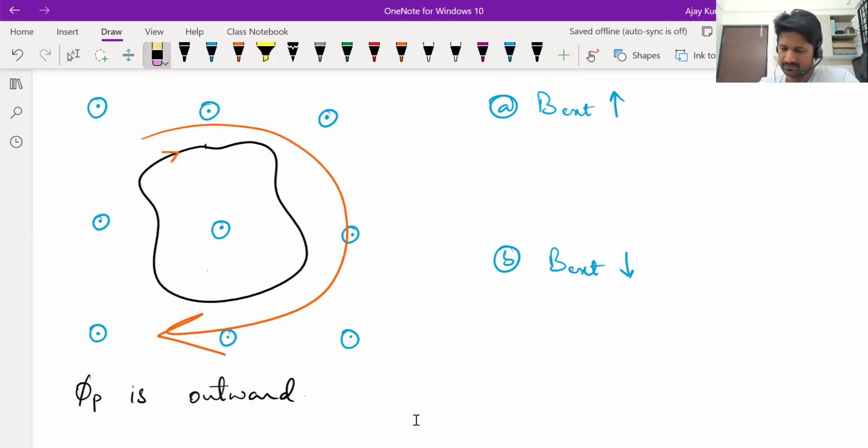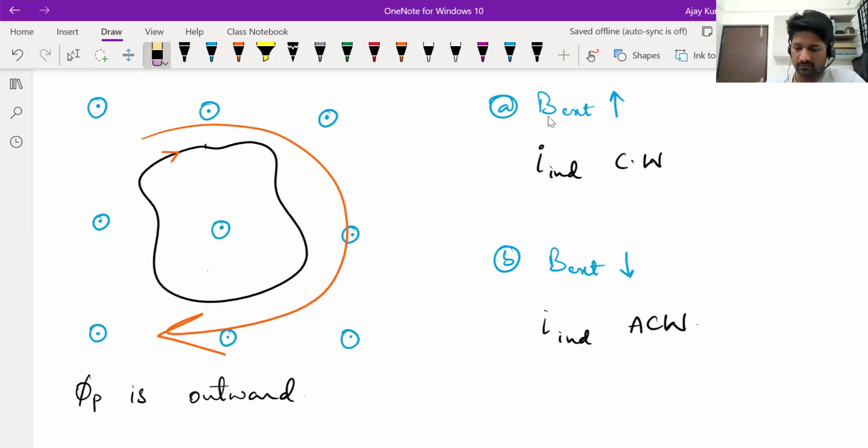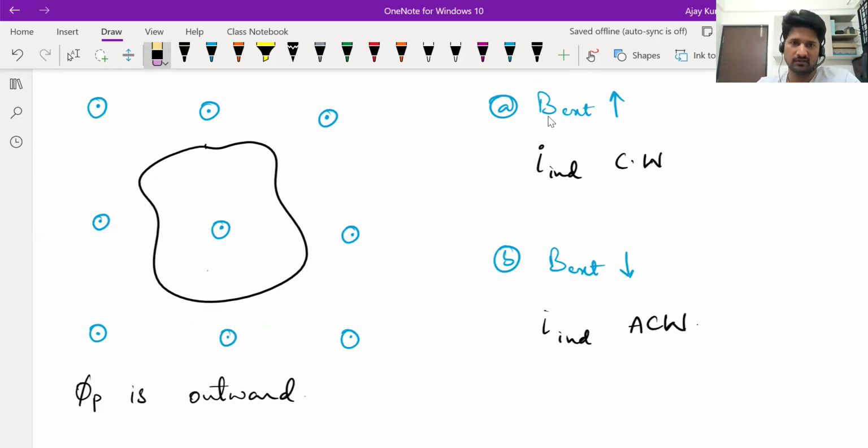Mansa, is this clear? Yes. Induced current will be clockwise in the first case. Then obviously it will be anti-clockwise in the second case. The primary flux is outward, but it is becoming weaker.